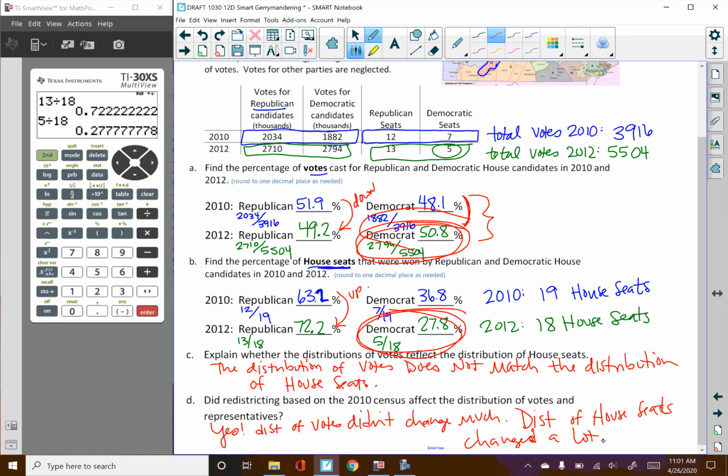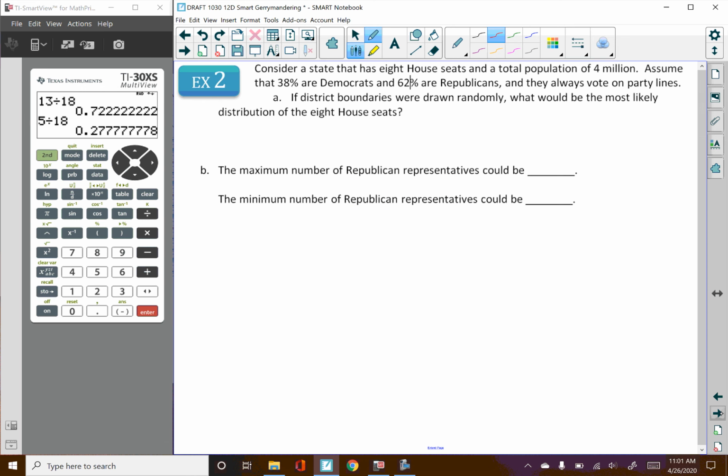And it changed in a way that is sort of contrary to how the voting changed. Okay. You'll have several of those to do on the homework. I think there were 3 of those.